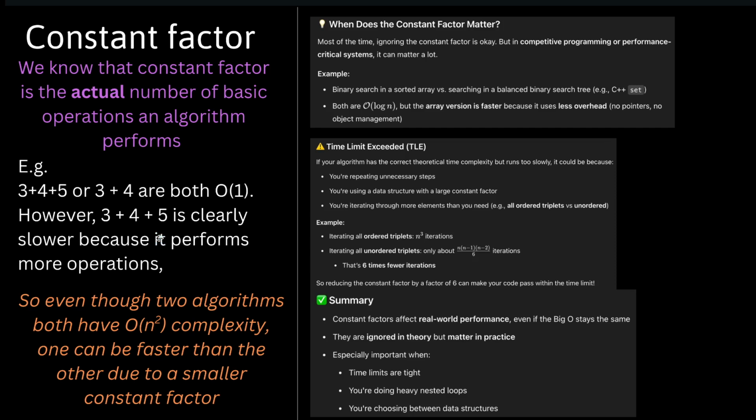However, 3 plus 4 plus 5 is clearly slower because it performs more operations. Then we come to a conclusion: even though two algorithms both have O(n squared) complexity, one can be faster than the other due to a smaller constant factor.